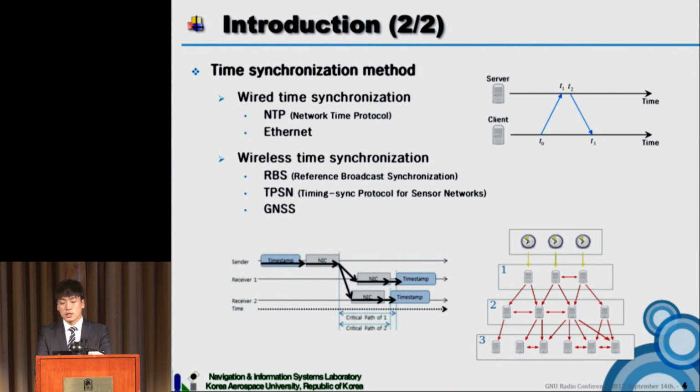Reference Broadcast Synchronization is called RBS, and Timing-sync Protocol for Sensor Networks is called TPSN. And GNSS is utilized as wireless time synchronization. In this research, we used an instantaneous synchronization method, so it is similar to the RBS method.